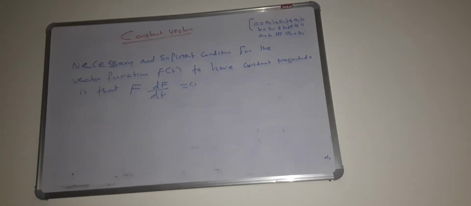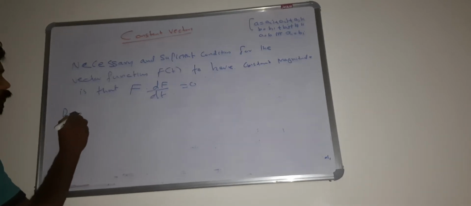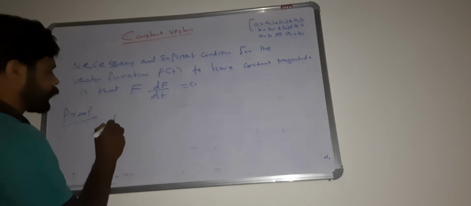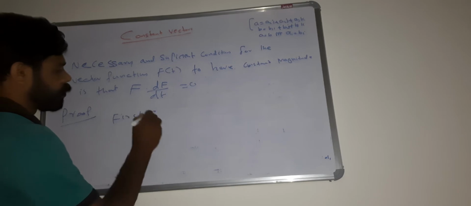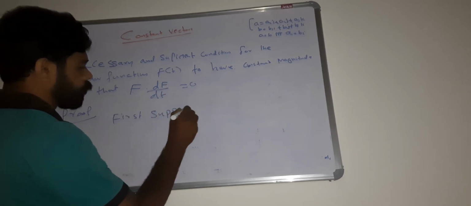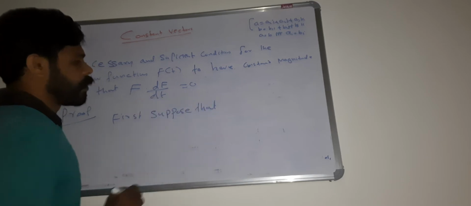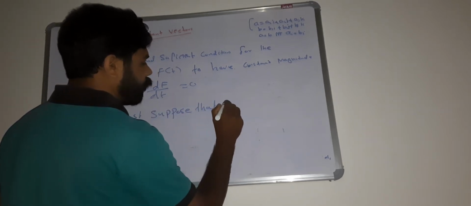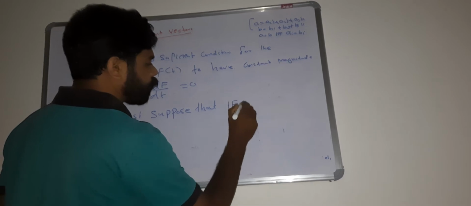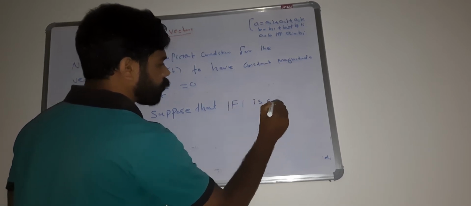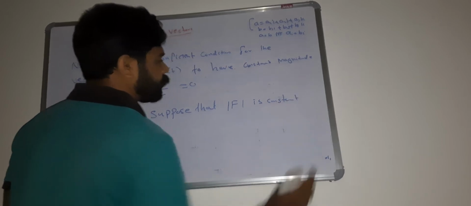If the magnitude is constant, then f dot df by dt equal to 0. Conversely, if f dot df by dt equal to 0, then the magnitude will be constant. For the proof, first suppose that the magnitude mod f is constant.